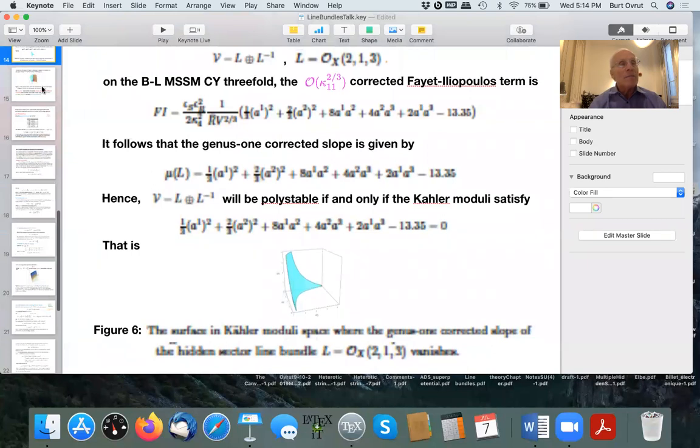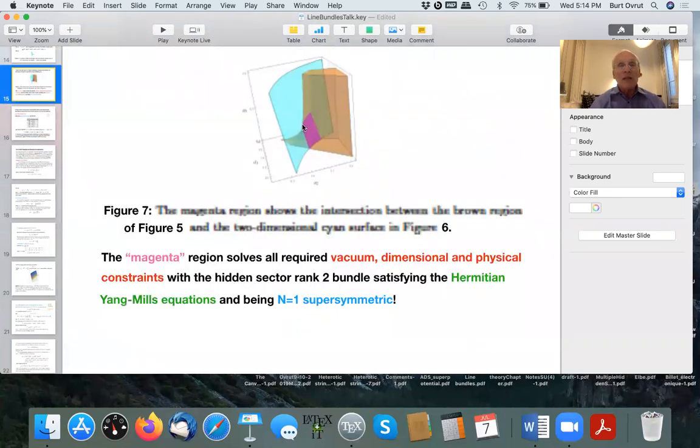However, having found that, we want to intersect it with that brown region. I'm just showing a piece of it here that we discussed before, because the brown region satisfies all possible constraints that we need for physics to make sense for us. So this intersection region we call the magenta region.